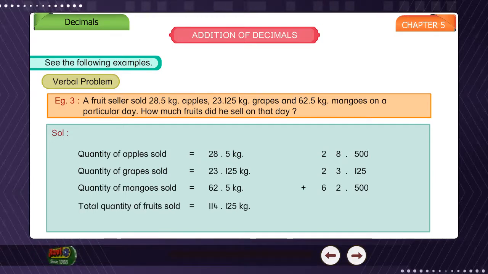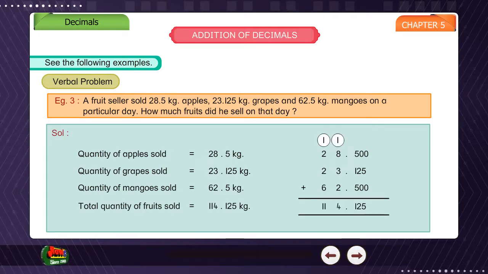Total quantity of fruits sold is equal to 114.125 kg. 28.500 plus 23.125 plus 62.500 is equal to 114.125.